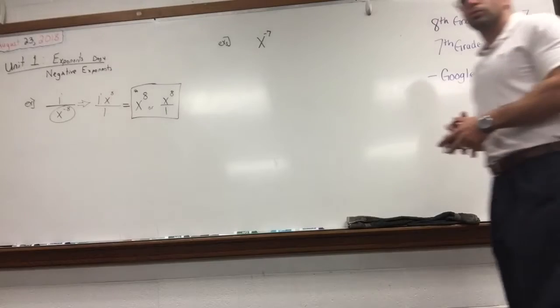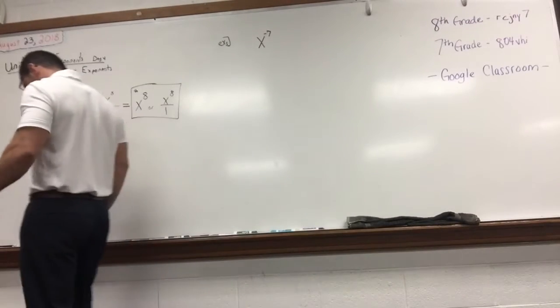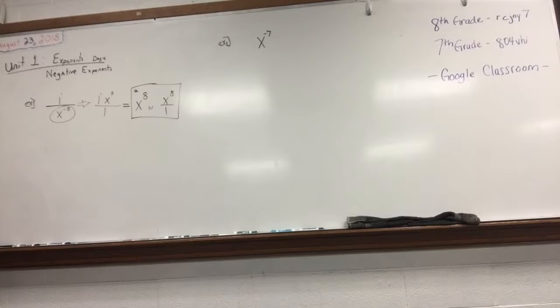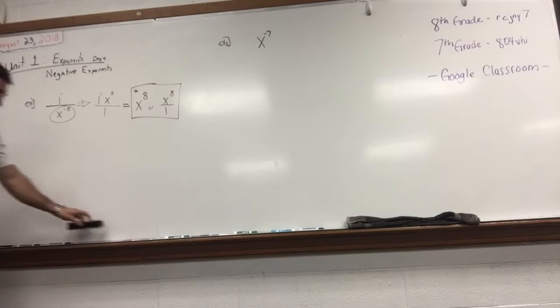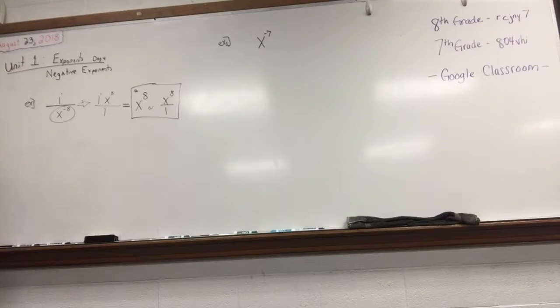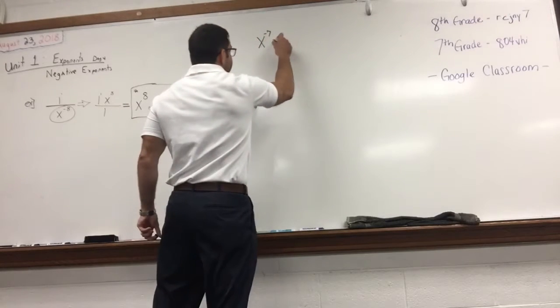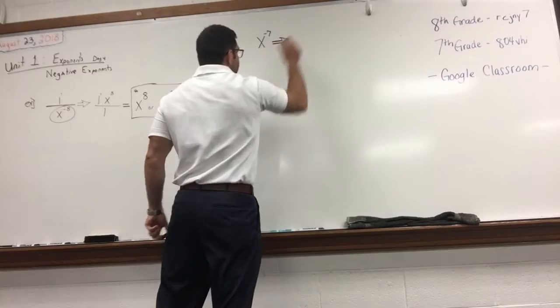Okay, so what should be our first question we're asking ourselves? Go ahead. Yeah, is it a fraction? If it is not a fraction, what do we need to do, Maya? How are we going to change x to the negative 7th into a fraction?